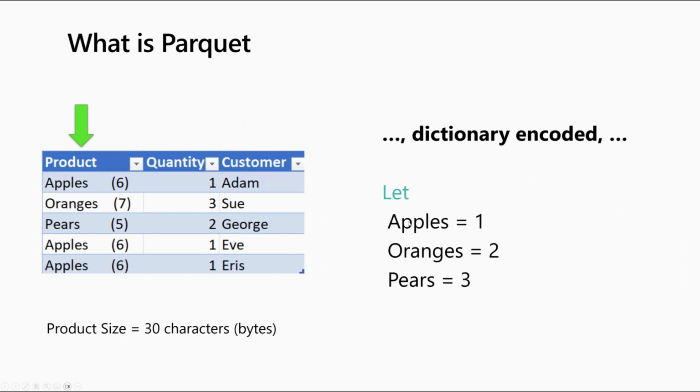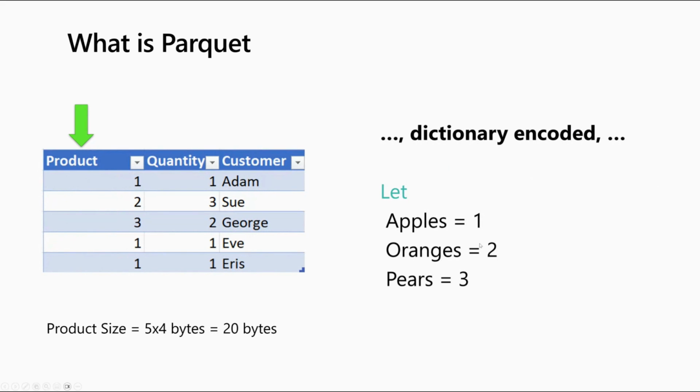So at the simplest, instead of having apples, oranges, pears, and so on, we are going to go into this number encoding that allows us to keep numbers instead of strings in the product column. Now, as you may remember from your computer science class, an integer has 4 bytes. So basically, the full product column in this example is going down from 30 or 60 bytes down to 20 bytes because I'm replacing strings with numbers.